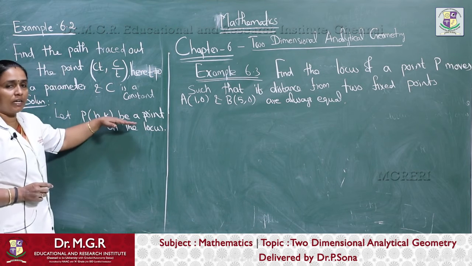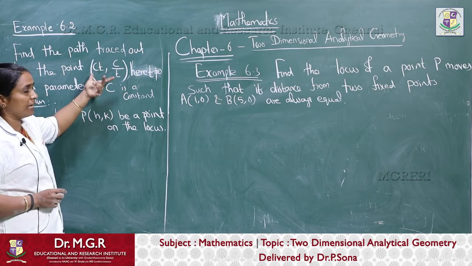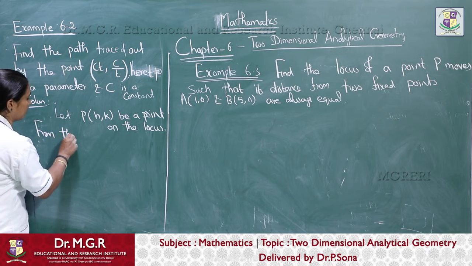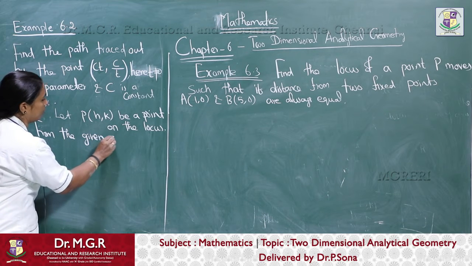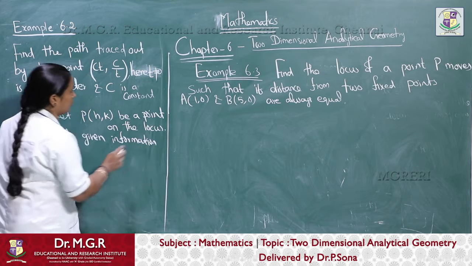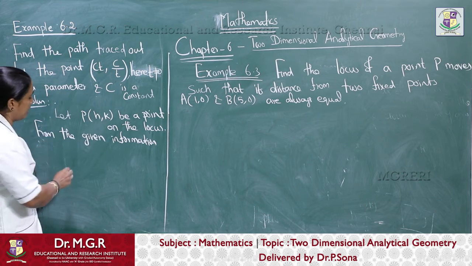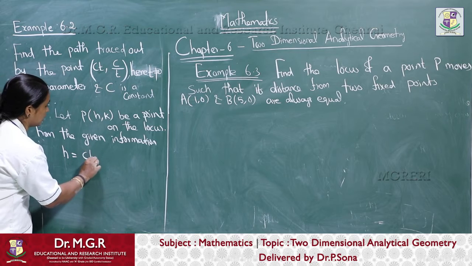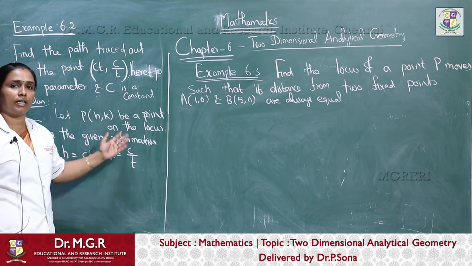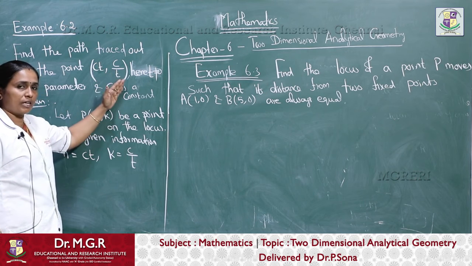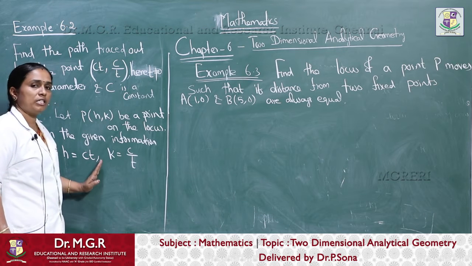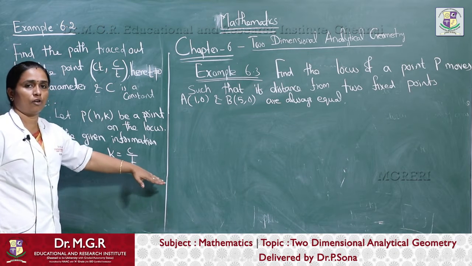From the given information, there is directly a point given, so we can take h equals ct and k equals c by t. Because the point is given directly, we have the values h equals ct and k equals c by t.